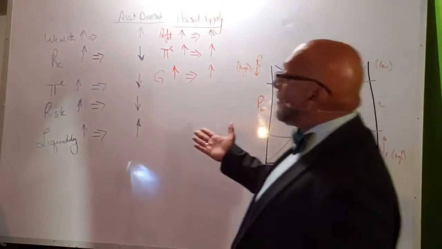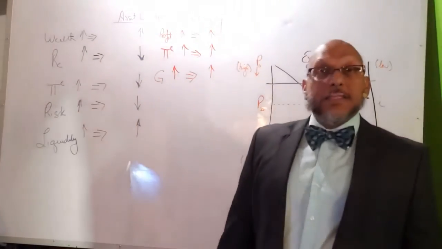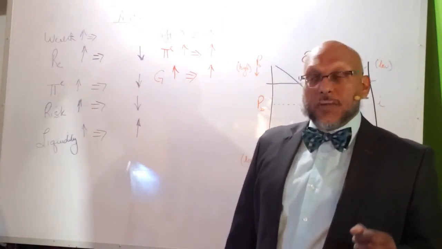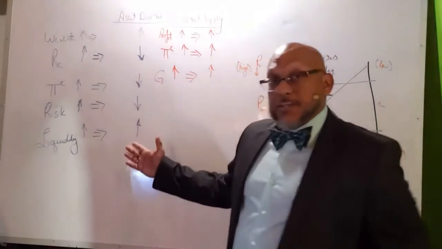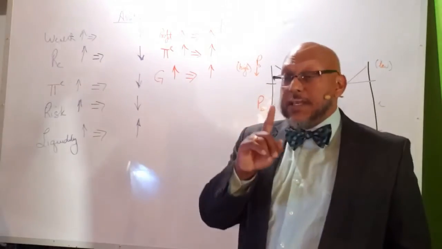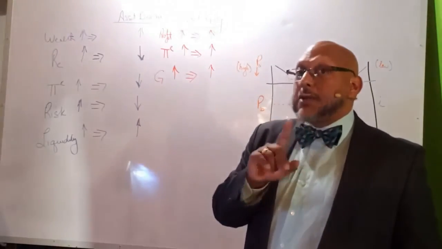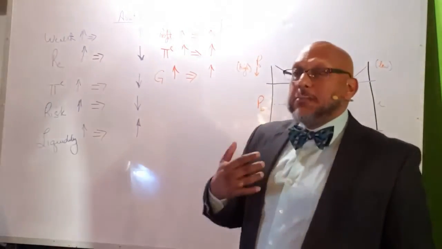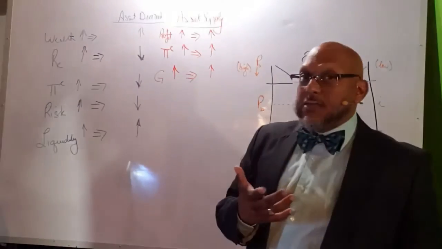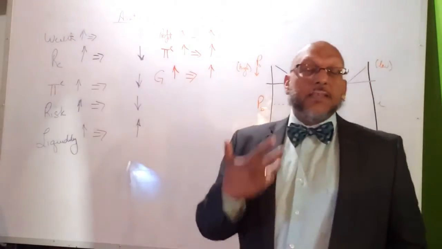So we'll look at some of the determinants of why the supply curve or the demand curve will shift. And that's what I have here, some differences why they would shift. I'm talking about shifting, not just going up and down. That would be a change in price. But when the whole line is going to shift one way or the other, that is a different mechanism.